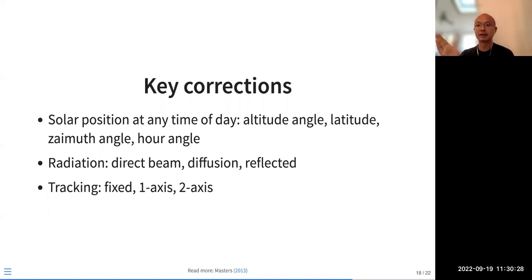It can move in directions or up and down, so it always faces the sun vertically to receive the best direct beam radiation. So those are corrections that will help us to calculate instant power for the solar system and to improve the efficiency of the system.